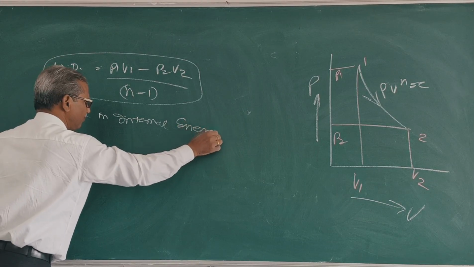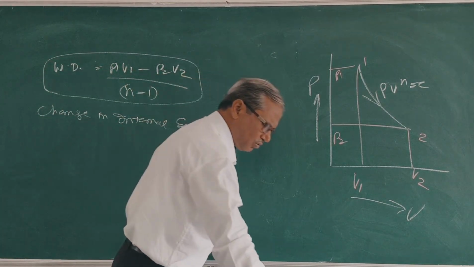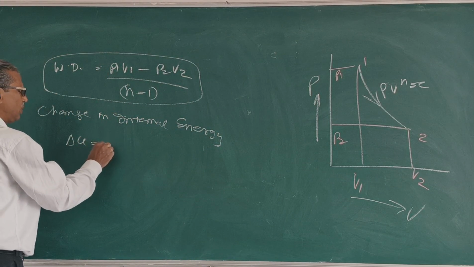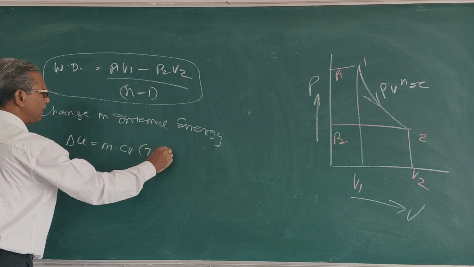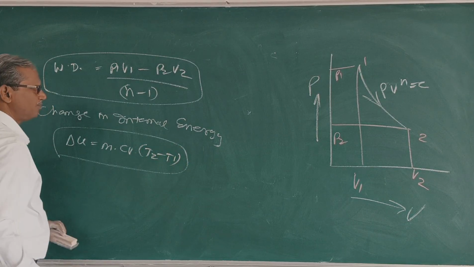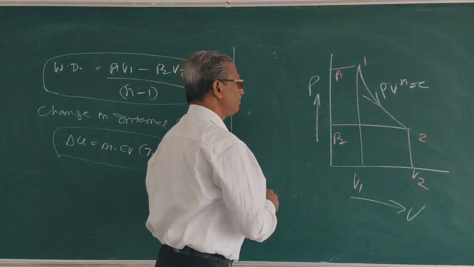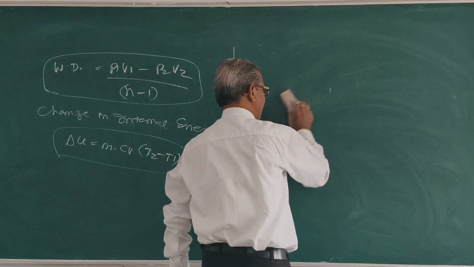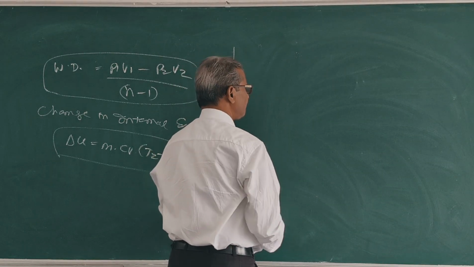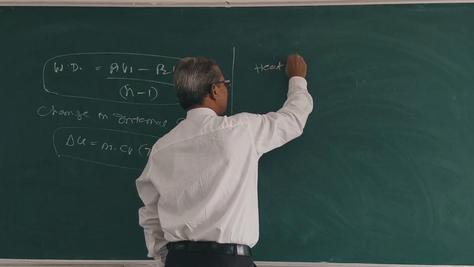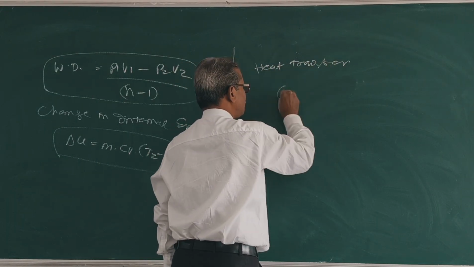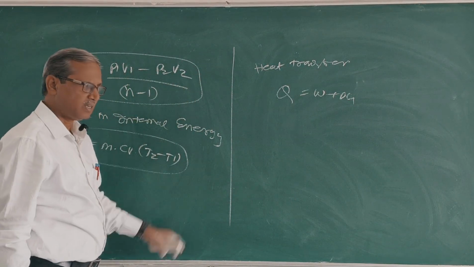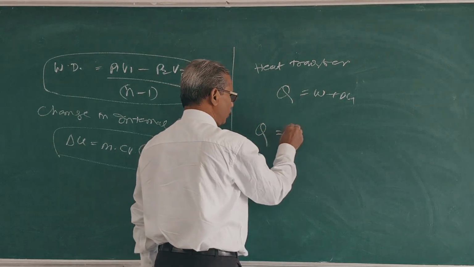Delta U is equal to m Cv T2 minus T1. Heat transfer: Q is equal to work done plus delta U. You add both the quantities, you can get the formula Q is equal to gamma minus n by gamma minus 1 into work done.